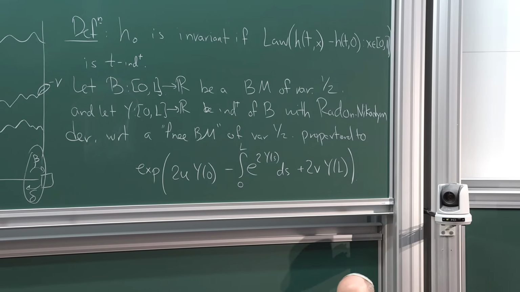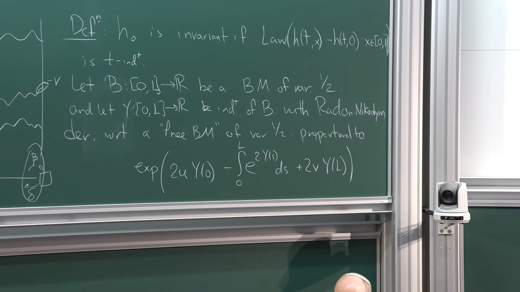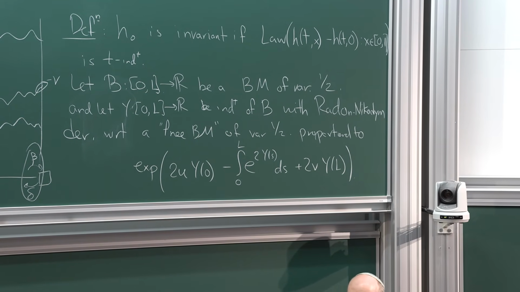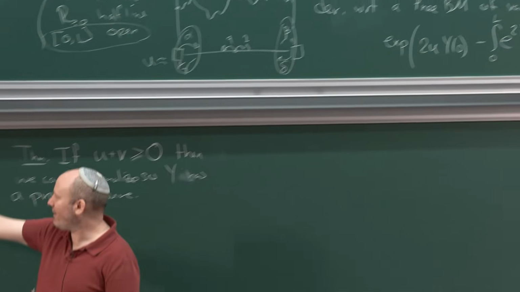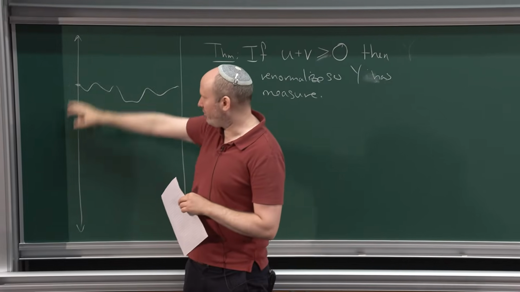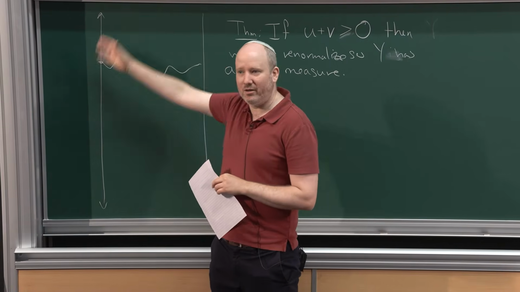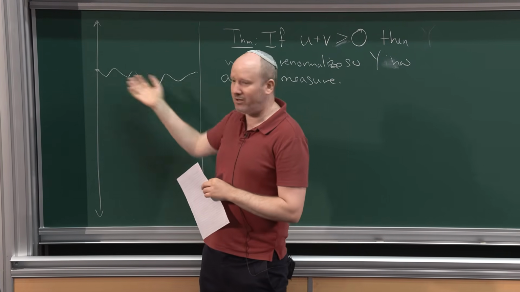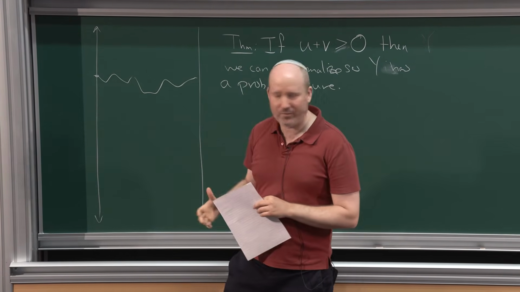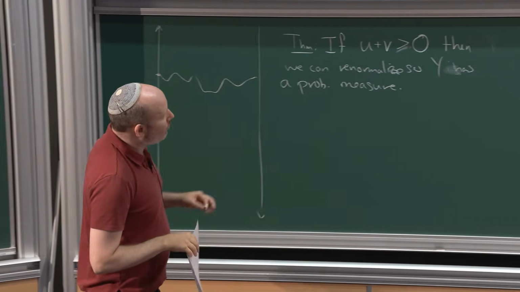So in other words, I can divide by that finite partition function, and I get a probability measure over all paths with their starting points. It's some sort of tilting of this type of object. Okay? So why is this true?